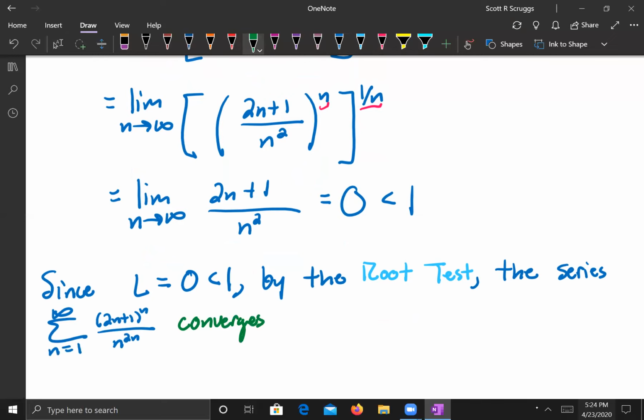And if I want to specify absolute or just normal convergence, since I did the root test, if I have convergence, then it's absolutely convergent.